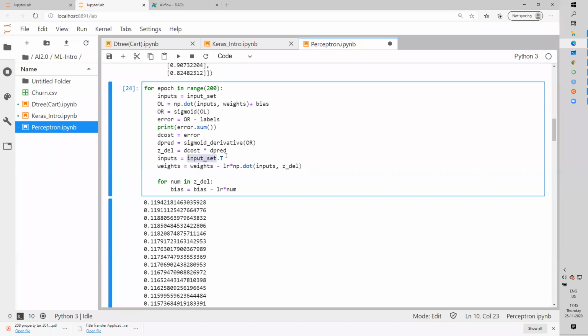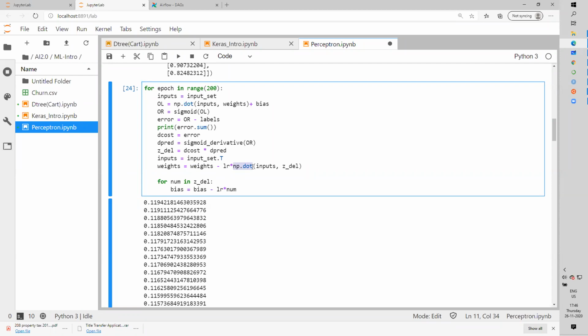So inputs, we are giving the inputs in the form of vectors, right? So we need to transpose that. And now when we compute the new weights, weights is equal to the initial weights, what were the weights before, minus learning rate times np.dot.